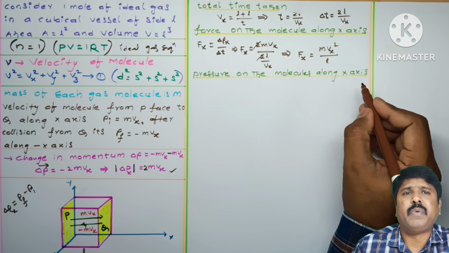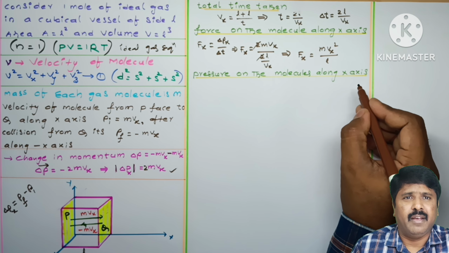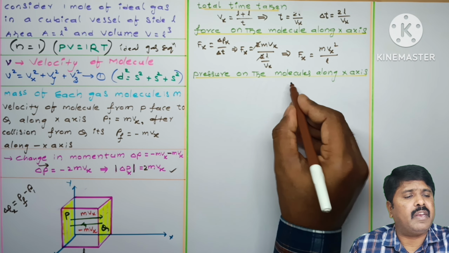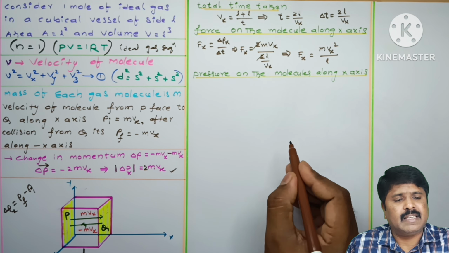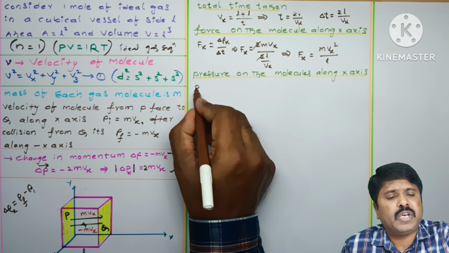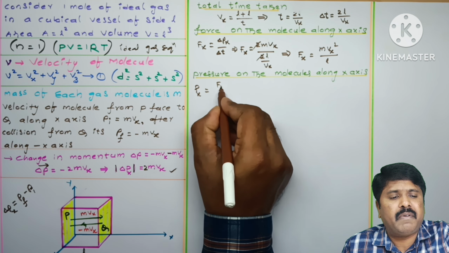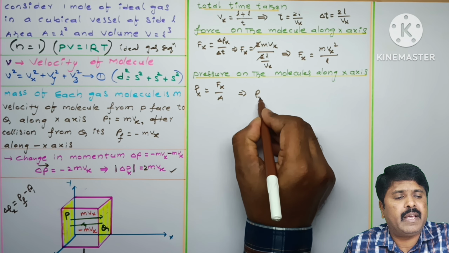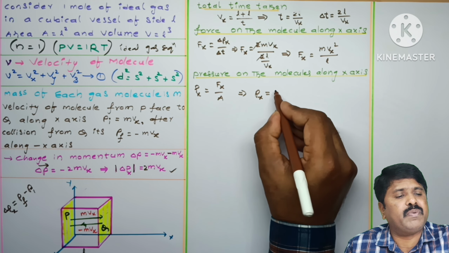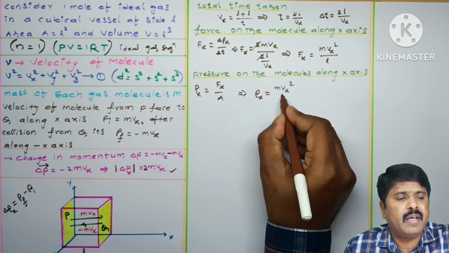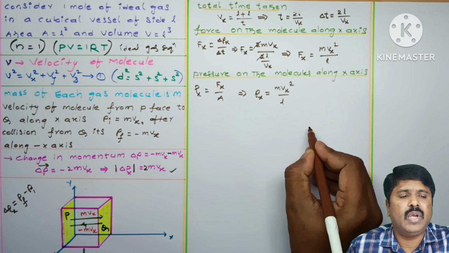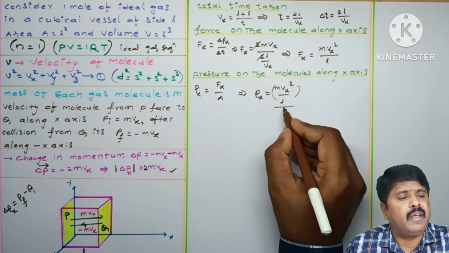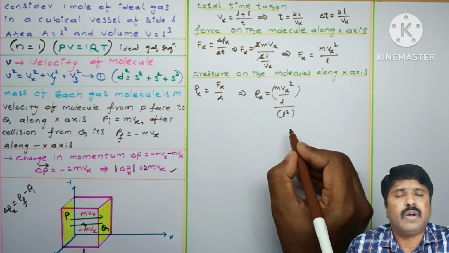After that I am going to find the pressure along the same x-axis. So finding the pressure on a molecule along the x-axis, the pressure equation is Px equal to Fx divided by A. Continuing, Px is equal to Fx, whose value is mvx square divided by L, and the whole divided by the area, which is L square.